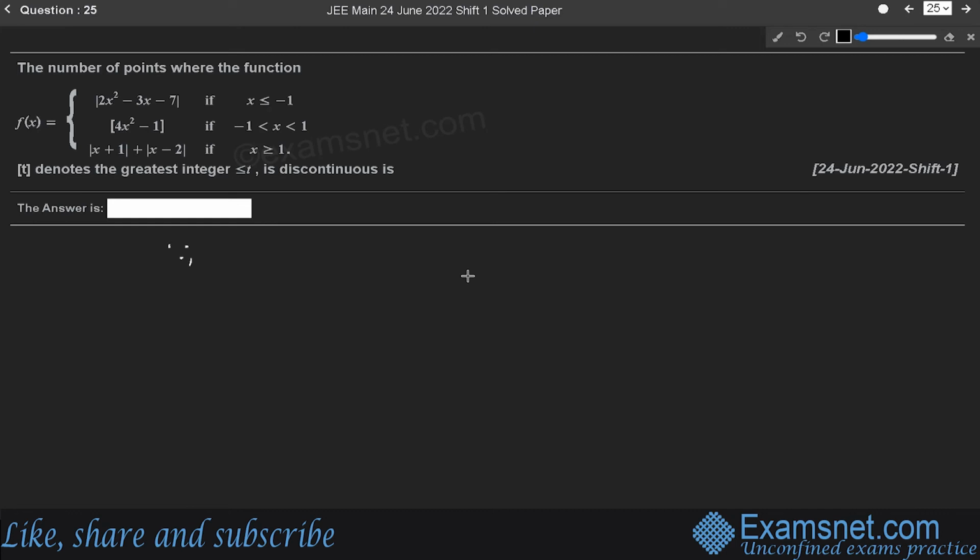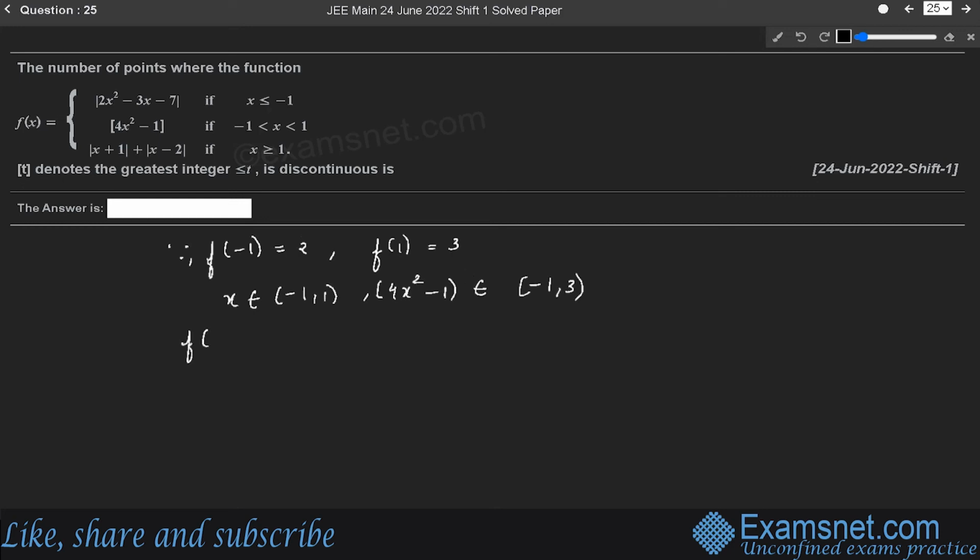Since we know that f(-1) will be equal to 2 and f(1) will be equal to 3, for x belonging to (-1, 1), 4x²-1 belongs to [-1, 3).